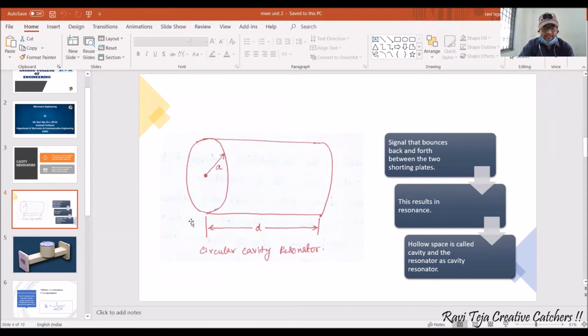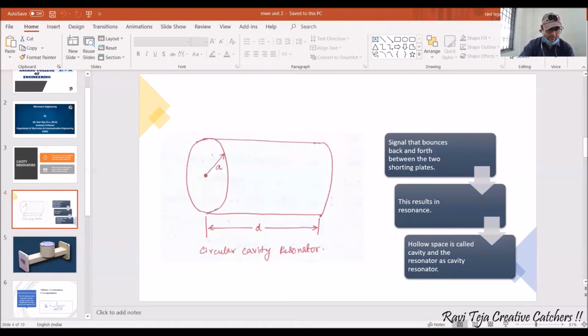This is a small example of a circular cavity resonator, a cylindrical drum with distance d and radius a. Whenever a signal is passed through it, as this end is closed, it hits the wall at that end and comes back towards the input.